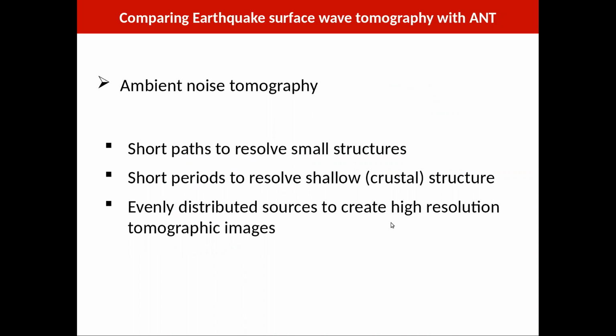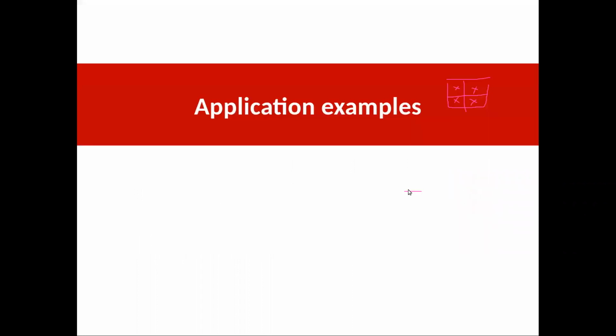We create high resolution tomography images because now we can really constrain all the different cells. Because in all the different cells, there is at least some wave travel time information, so we can constrain the velocities properly. And like I mentioned before, we have short periods that can help us constrain the shallow part of the crust. So, some application examples.